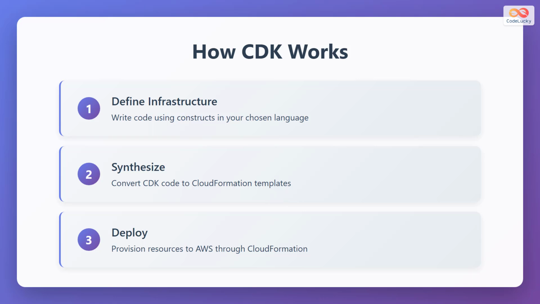This step validates your code and produces the exact specifications AWS needs. Step 3, you deploy these templates, which provisions your actual resources to AWS through CloudFormation. CloudFormation ensures the deployment is safe, handles dependencies correctly, and can roll back if errors occur. This workflow gives you the expressiveness of programming languages with the reliability of CloudFormation deployments.